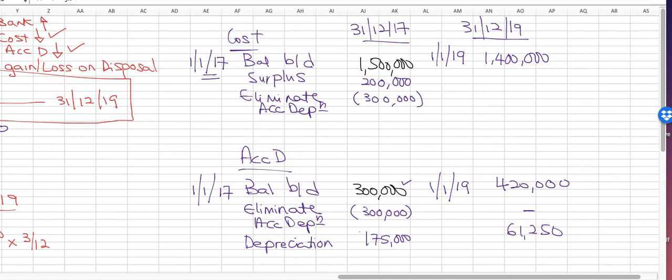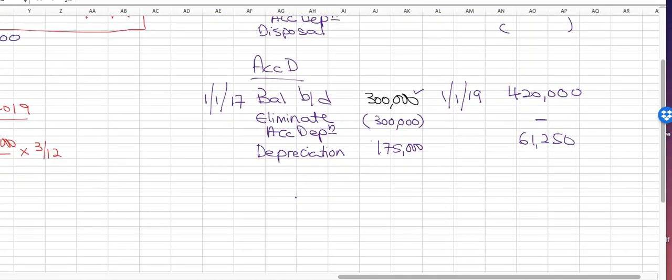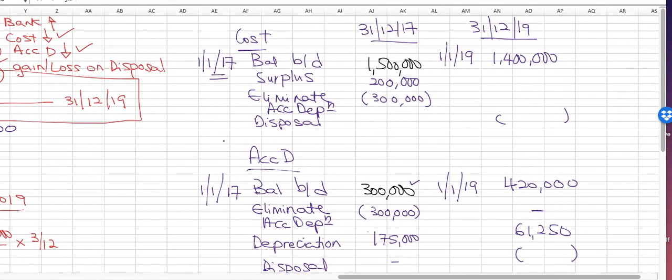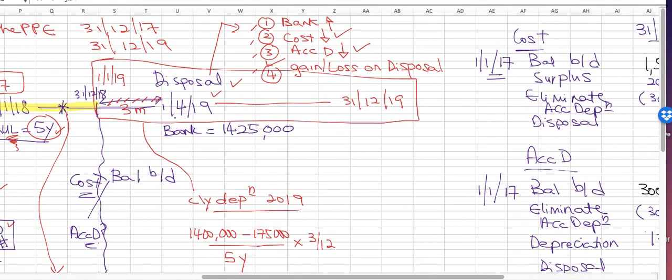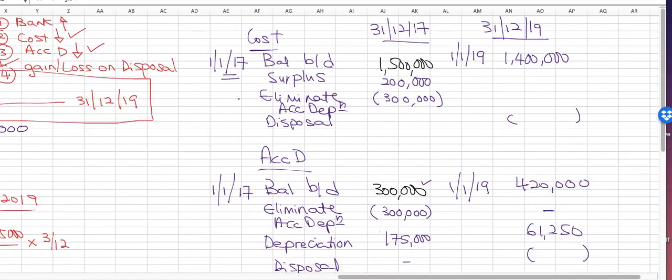When you eliminate, you write it down as disposal because this is a disposal of an asset, and you have to less it. Very easy for this one because the company disposes everything, the machine, everything. So you just look up here, it is 1.4, so you just eliminate that one.